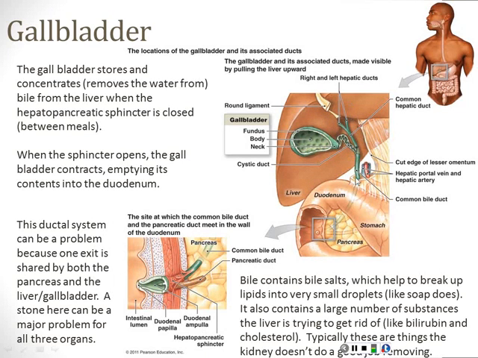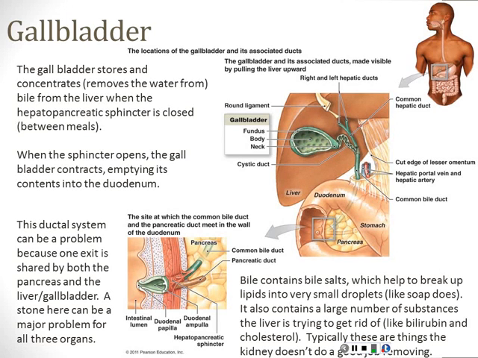So in that case, what happens is that bile that's being produced backs up into the gallbladder and fills the gallbladder. So when this sphincter is closed, the bile that's being produced, instead of going into the duodenum, goes into the gallbladder instead, to be stored up. And as the gallbladder fills, water is removed from the bile. So the bile that's in the gallbladder when the sphincter is closed gets more and more concentrated all the time.